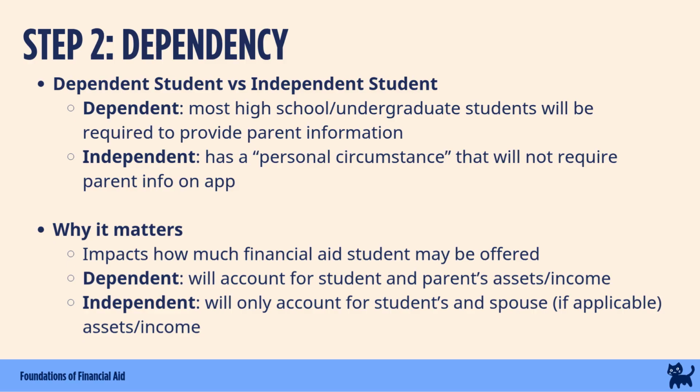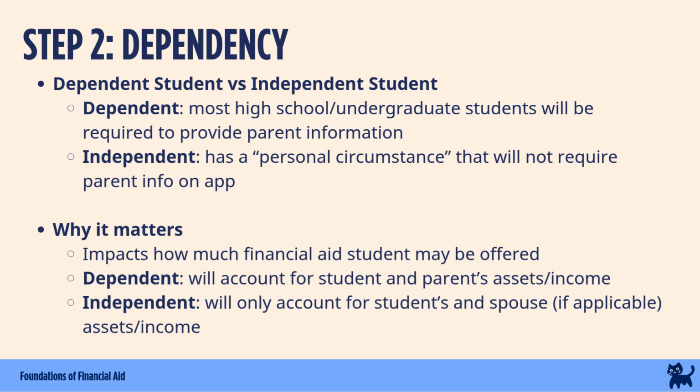If the student is under age 24 and unmarried and has not received a bachelor's degree, then in most cases, they will still need to provide parent information. The determination of whether a student is dependent or independent could impact how much financial aid the student is offered.